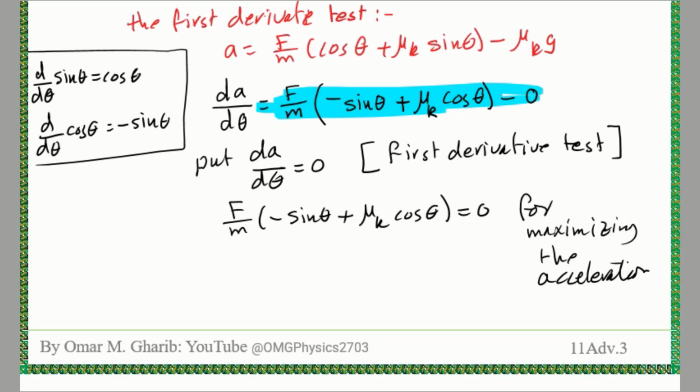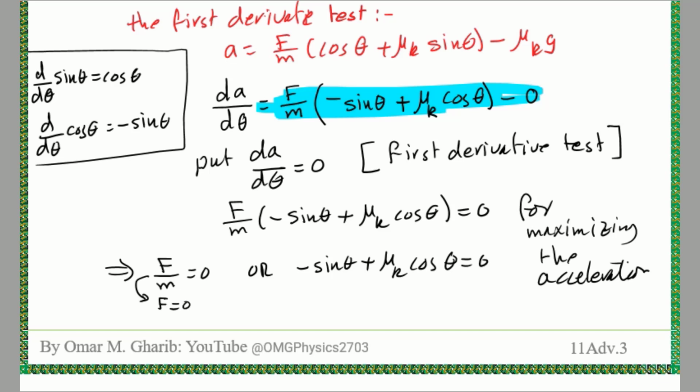If this is equal to 0, then either F over m equals 0 or minus sine theta plus mu k cosine theta equals 0. For the first one, we have two solutions: F equals 0 or the mass is infinity.